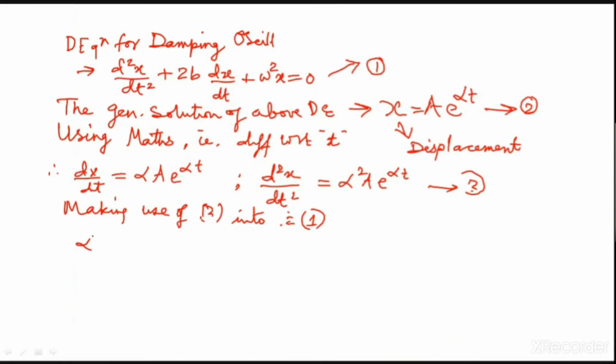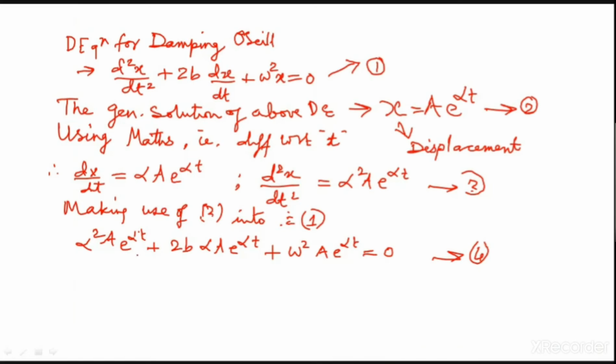I can write alpha square a e to the power of alpha t plus 2b. Look here, 2b is there in equation 1. And what is dx/dt? It is alpha times a e to the power of alpha t, plus omega square into x. What is x? x is a e to the power of alpha t. So we may call this a new expression.